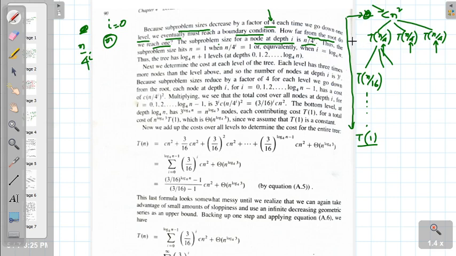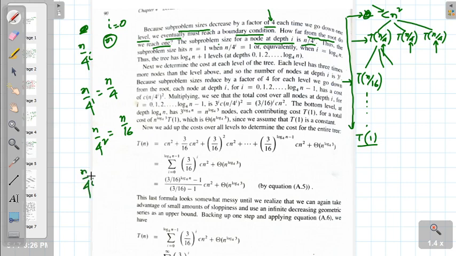One level down, i equals 1, the size becomes n by 4. One more level down, it will be n by 4 square, that is n by 16. So at any ith level, the subproblem size is n by 4 to the power i.